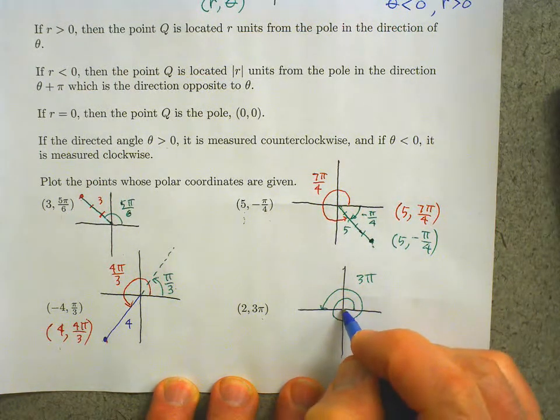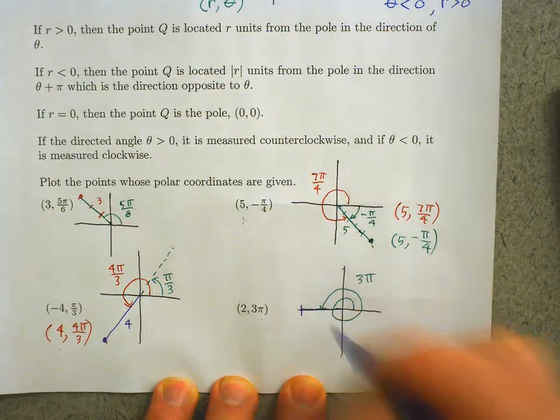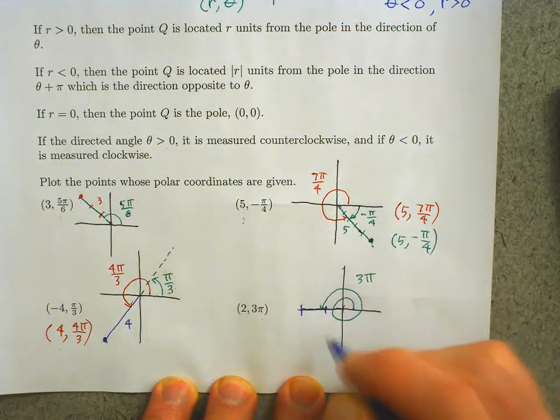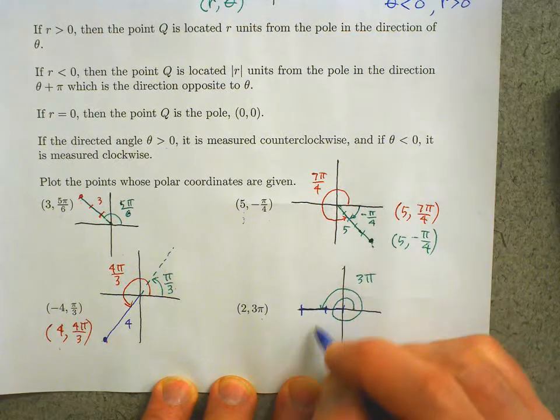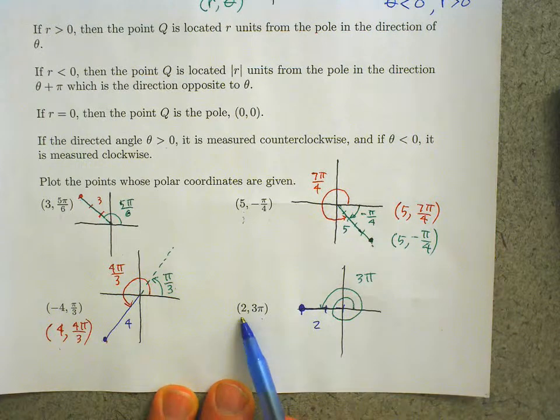And then in that direction, we measure off 2 units. So the length of that is 2. So this point has polar coordinates 2, 3 pi.